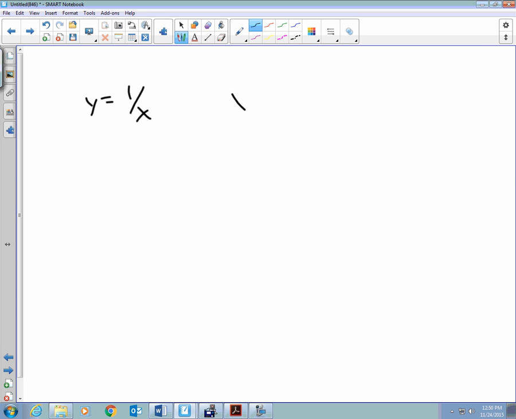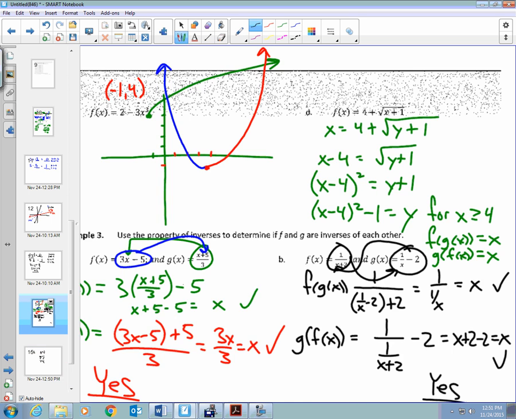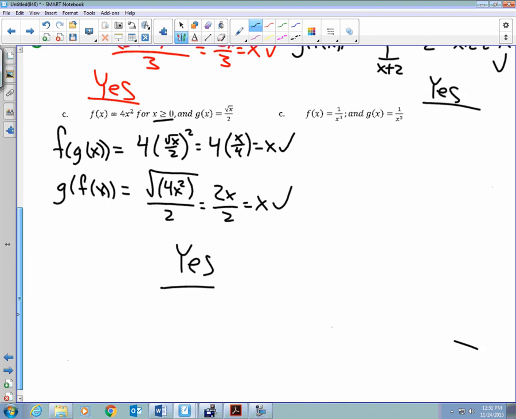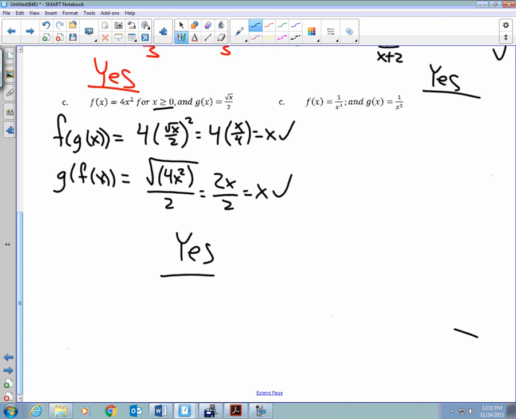If you were to switch them, y equals 1 over x, its inverse is itself. There are some functions where the inverse is itself. So don't think that just because you see the same thing, that it's automatically no. Let's try this and see how it works out.